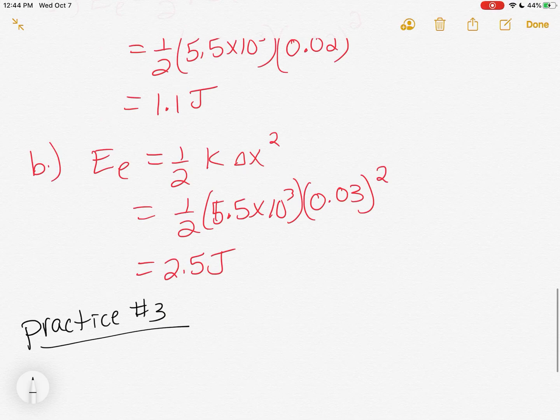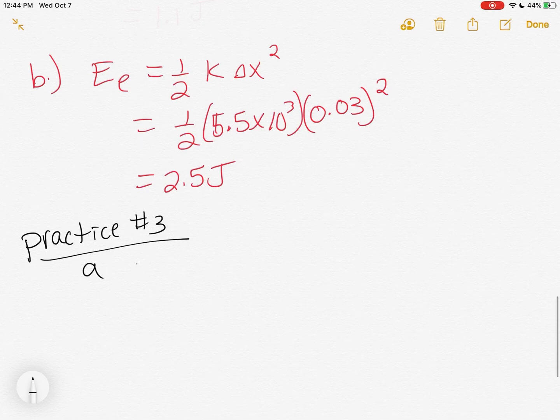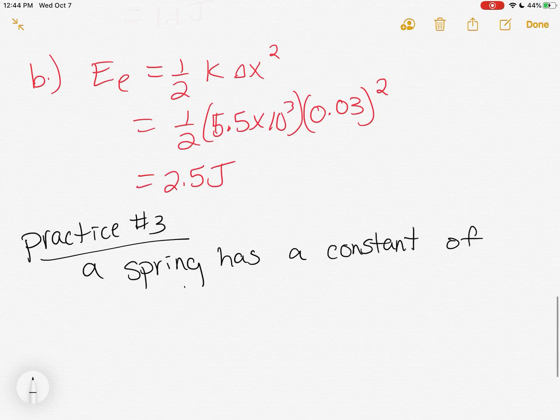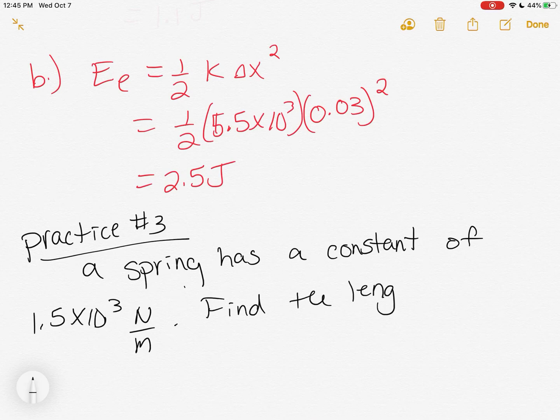Okay. And then I think we're going to try one more practice question here. So practice number 3. All right, so a spring has a constant of 1.5 times 10 to the 3 newtons per meter.